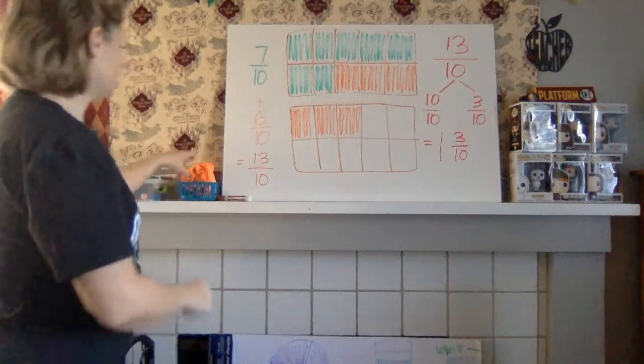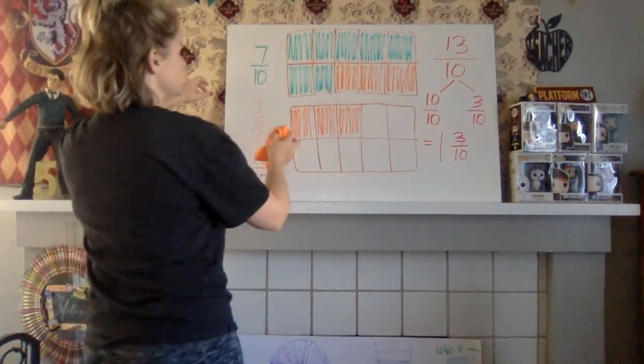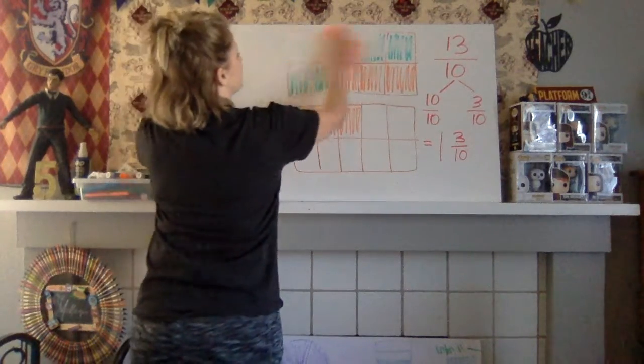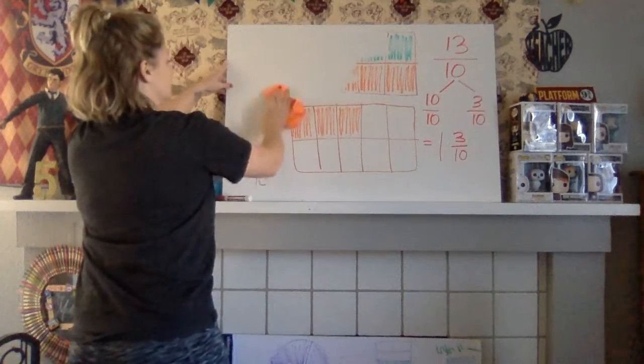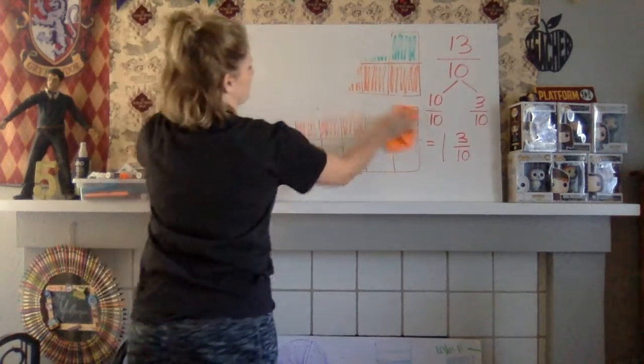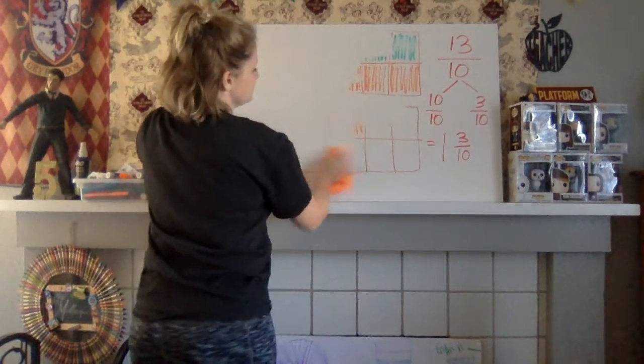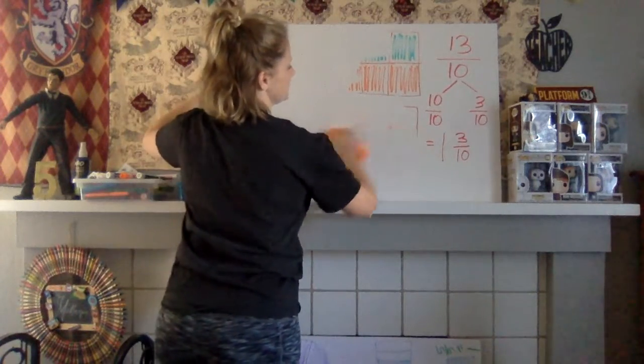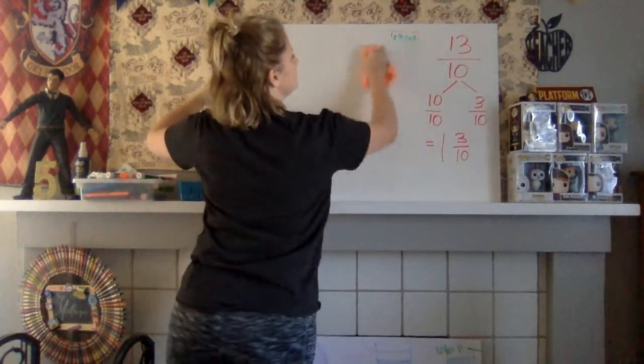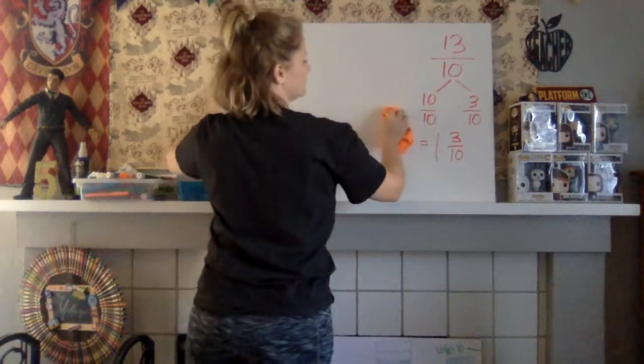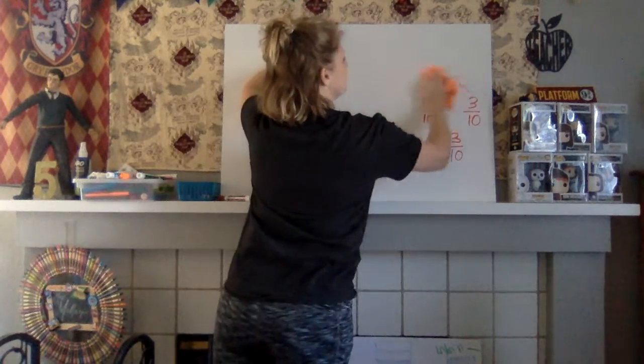Now I'll do another example of how to decompose a fraction into a mixed number. I'm not going to draw a model on this one. I'm just going to show you mathematically how to do it. So let me erase this really quick.